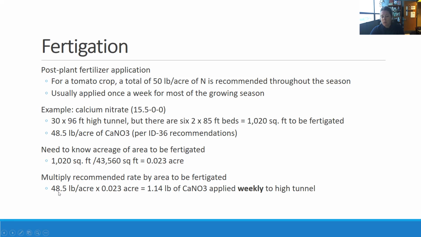And then you multiply your recommended rate, 48.5 pounds per acre of calcium nitrate, times your acres, which is 0.023, and you get 1.14 pounds of calcium nitrate applied weekly to your high tunnel. So this is 1.14 pounds over these 6 beds weekly.